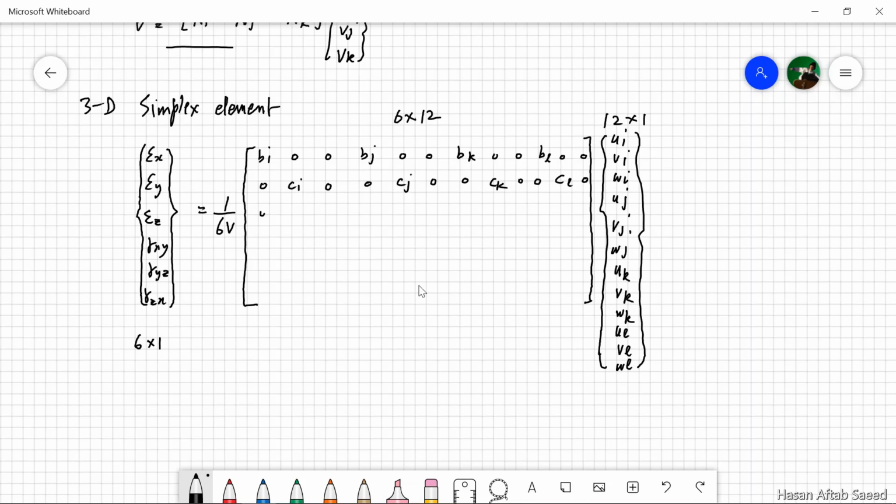Next we have 0 0 di, 0 0 dj, 0 0 dk, 0 0 dl. For shear strains, ci, bi, 0, cj, bj, 0, ck, bk, 0, cl, bl, 0.